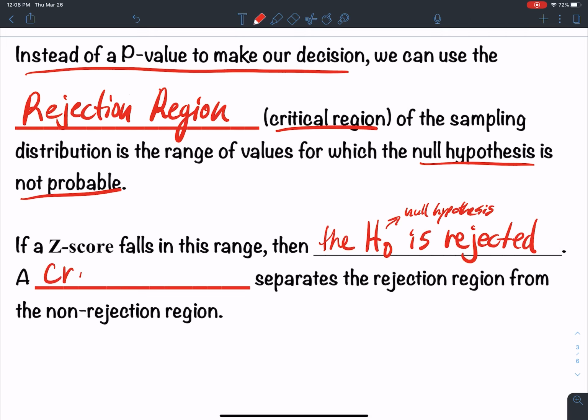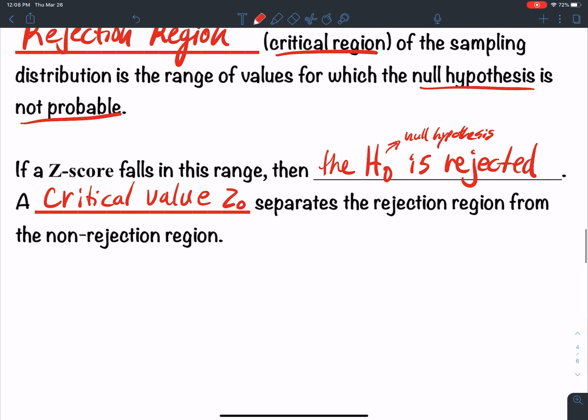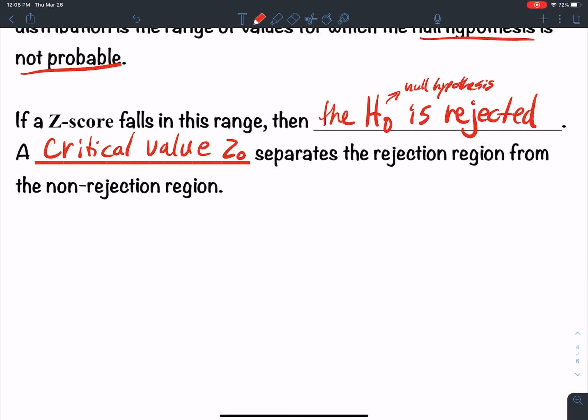A critical value, z sub naught or z sub 0, separates the rejection region from the non-rejection region. Let me try to illustrate what's going on here in a picture.